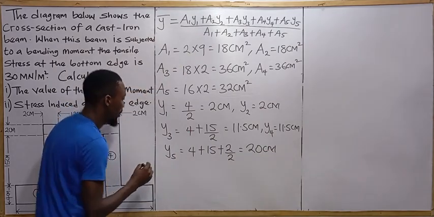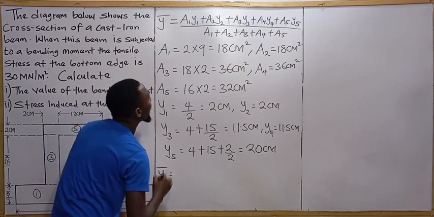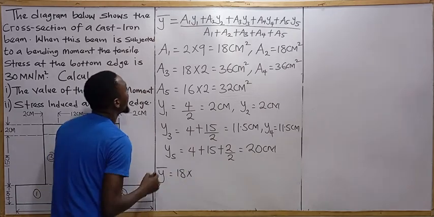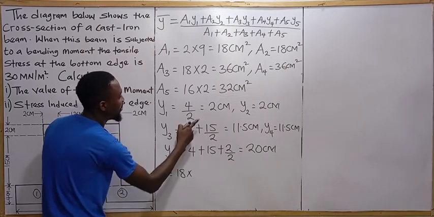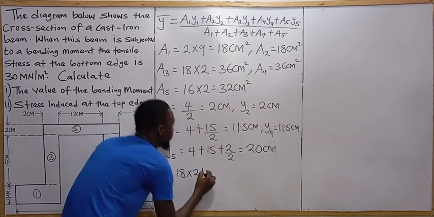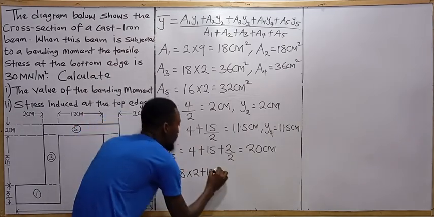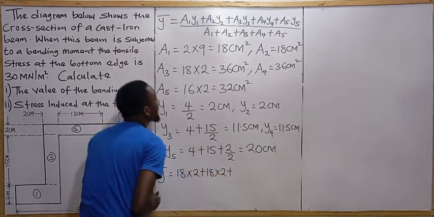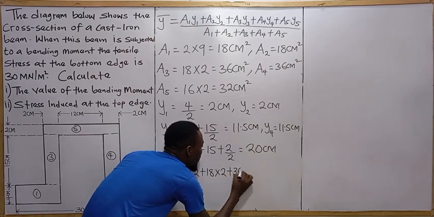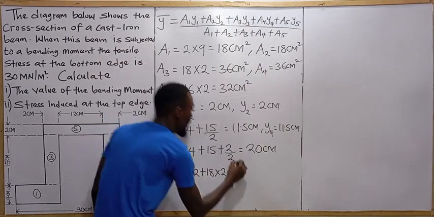So now let's substitute here. We are going to have our y bar equal to a1. Our a1 is 18, so 18 multiplied by y1. y1 is 2, plus a2. a2 is 18 as well, multiplied by y2. y2 is 2 as well. Plus a3. a3 is 36, so 36 multiplied by y3. y3 is 11.5.